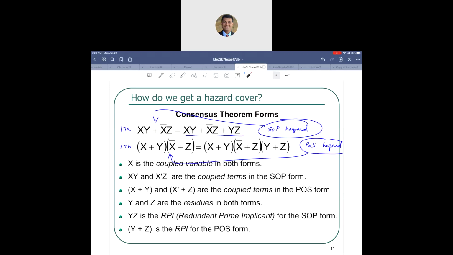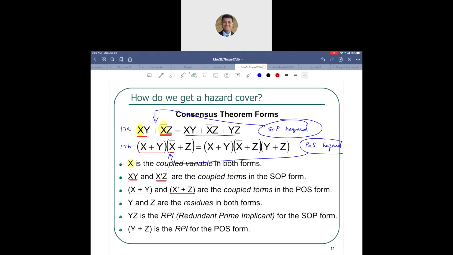So what is the coupled variable in both these forms? Let's take a look. X complement z. So x should be the coupled variable. What is the coupled term? X and y, x complement and z. So both should be coupled terms here.